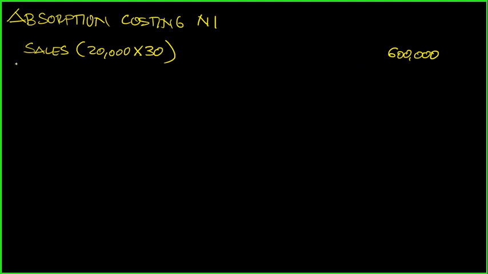And then from sales, you now have your cost of goods sold. Less cost of goods sold. How do we compute this?